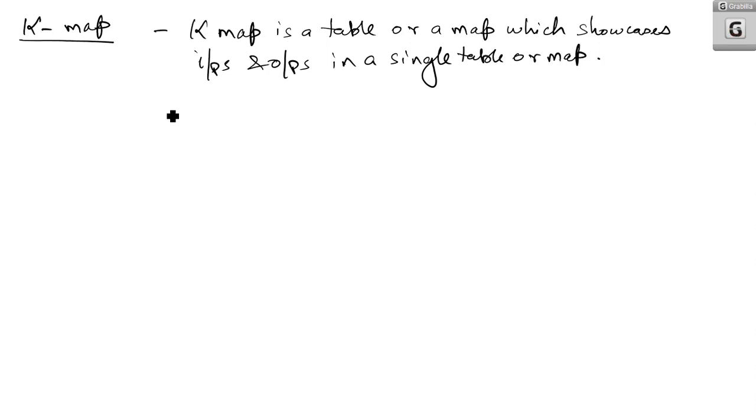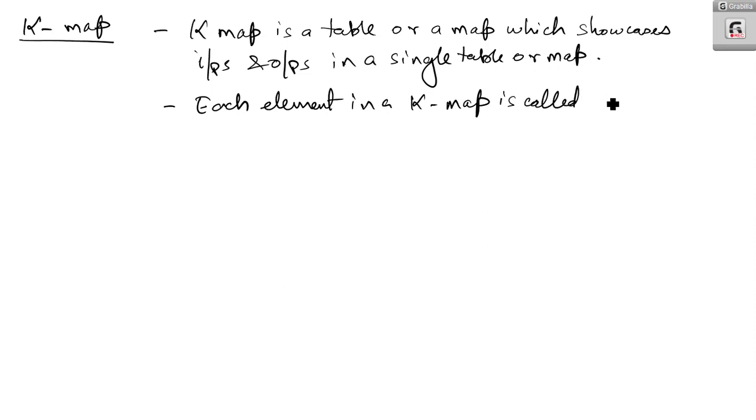Again, another thing, each element in a K-map is called a cell, or we can write each element of each square in a K-map is called cell.